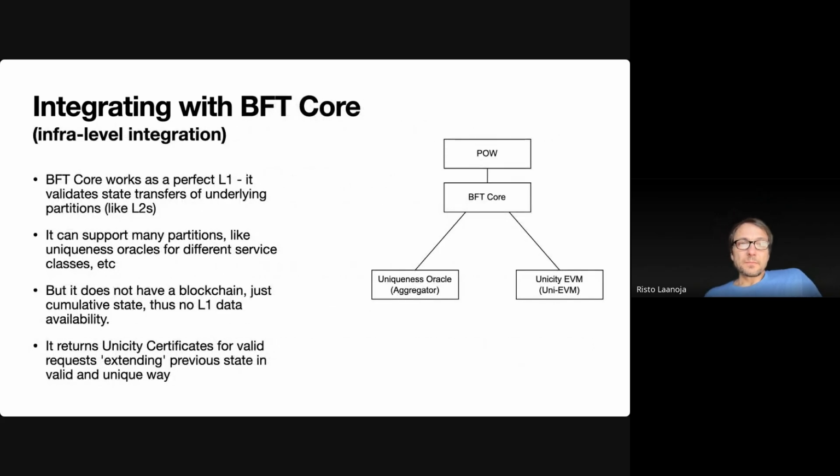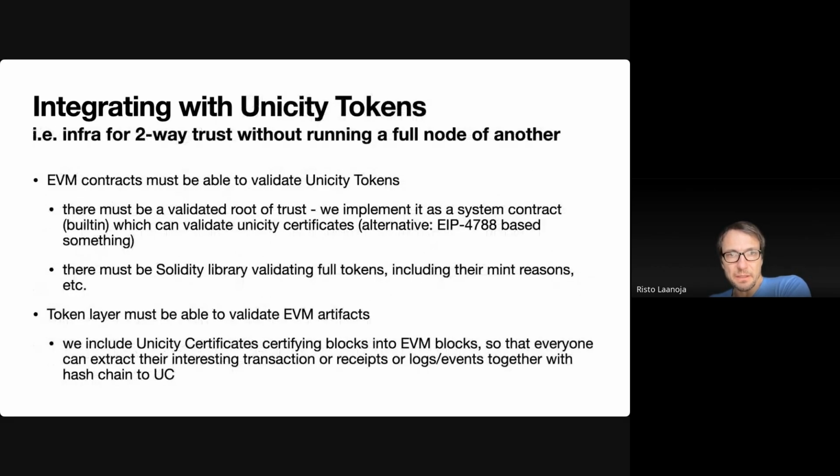And integrating the EVM with Unicity infrastructure has, in fact, 2 independent layers. One is an infrastructure-level integration, so that our BFT core certifies whatever the EVM is doing, and another one is the token layer or token-level integration.